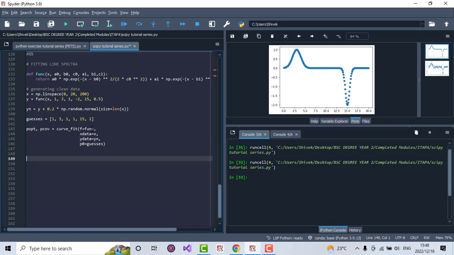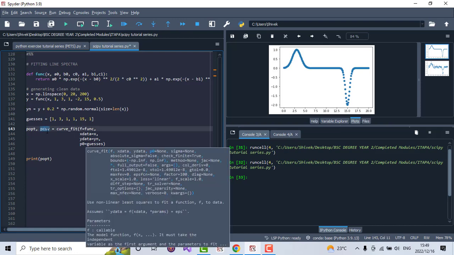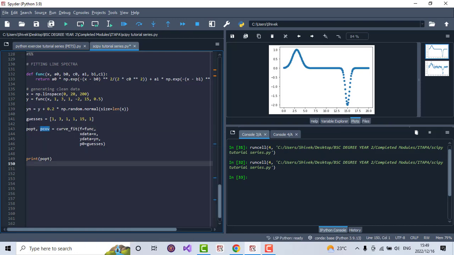Now, if I do popt, pcov, oh, actually now I am prepared to print my array to the screen. Forget about the covariance array for now. For now, focus on the array of the optimal values for the variables.